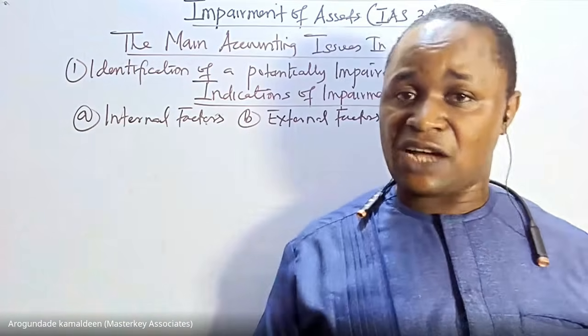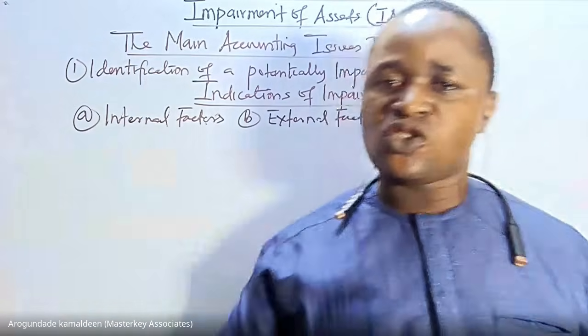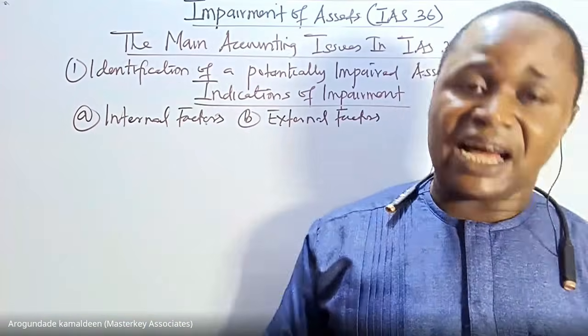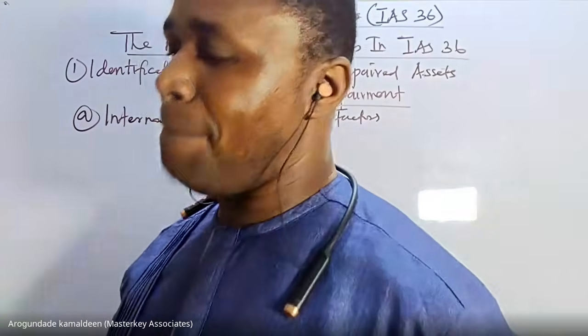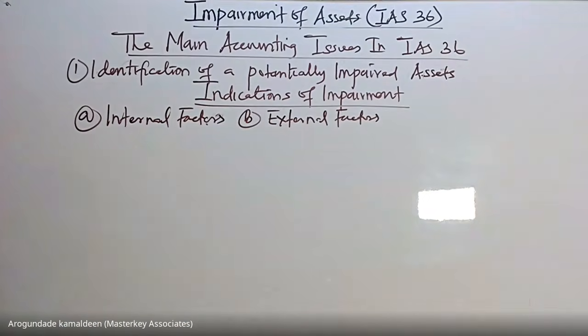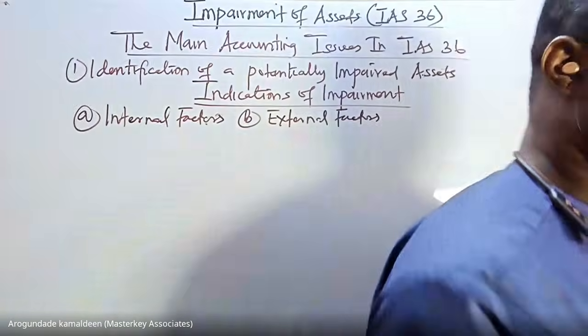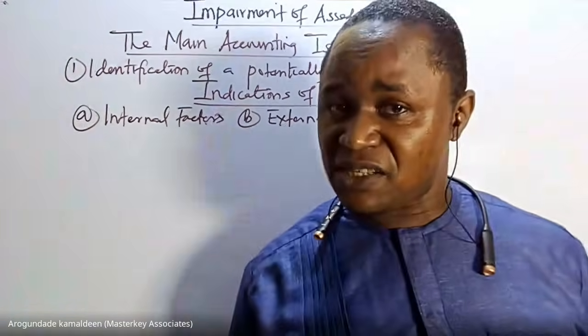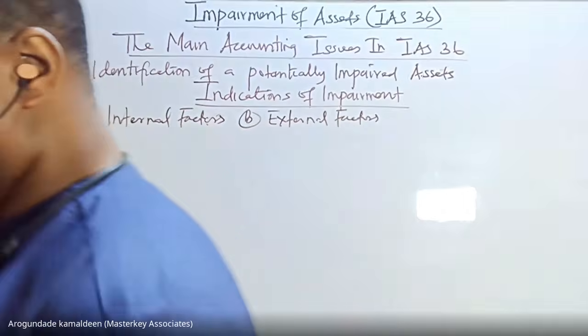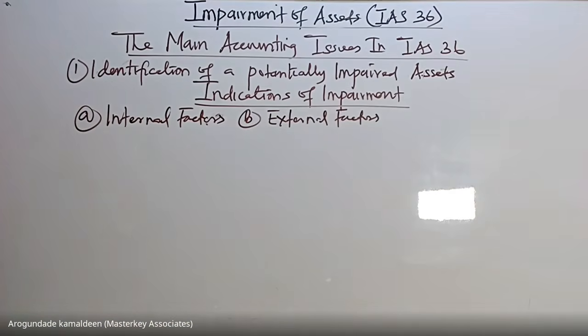Remember, in your group accounts, when you acquire a subsidiary, you find goodwill. The goodwill must be tested annually for impairment. Two, an intangible asset with an indefinite useful life. These are the two assets that must be tested for impairment annually. Please take note of this, whether there is a sign of impairment or not. So that is the first aspect.